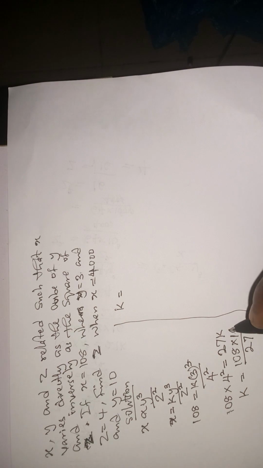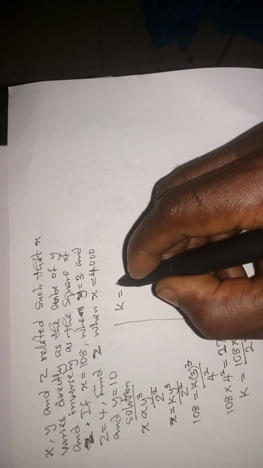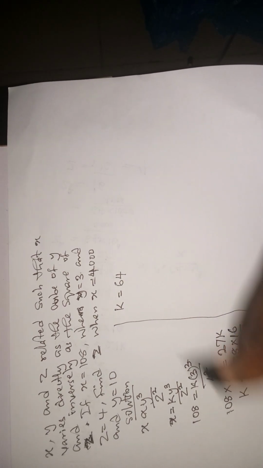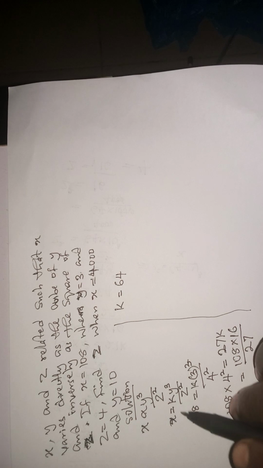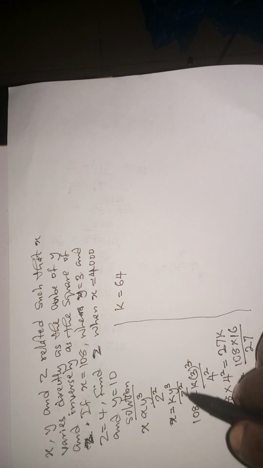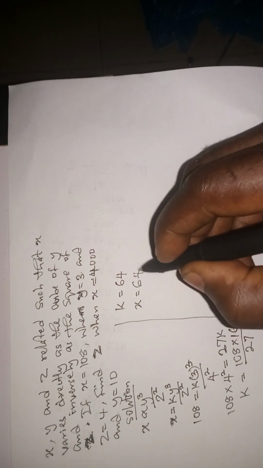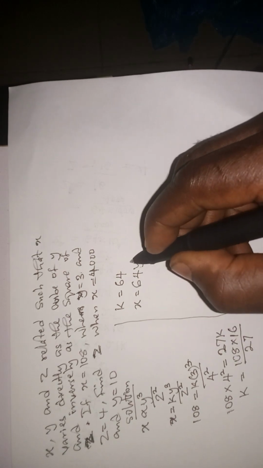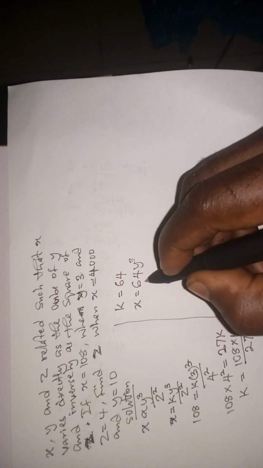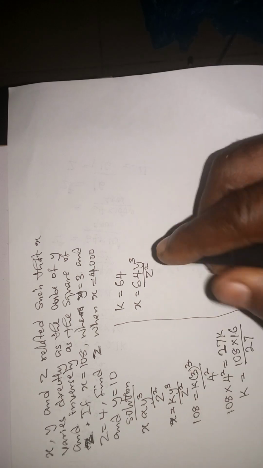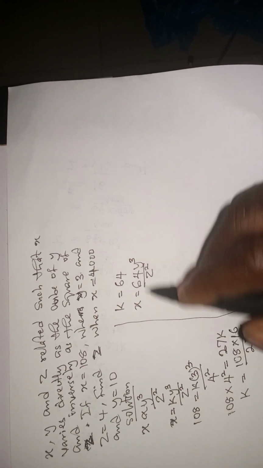When you divide, we have K equal to 64. Now we substitute this value into the relationship, so we have X equals 64Y cube divided by Z square, which is the relationship between X, Y, and Z.